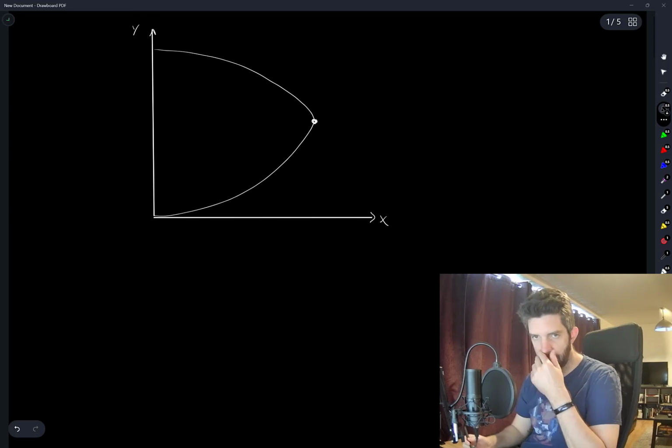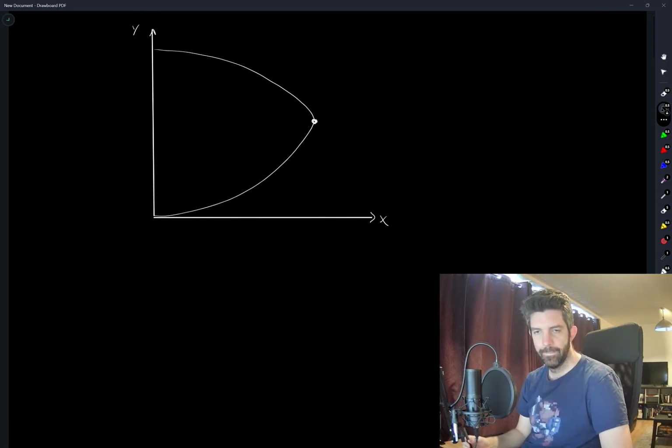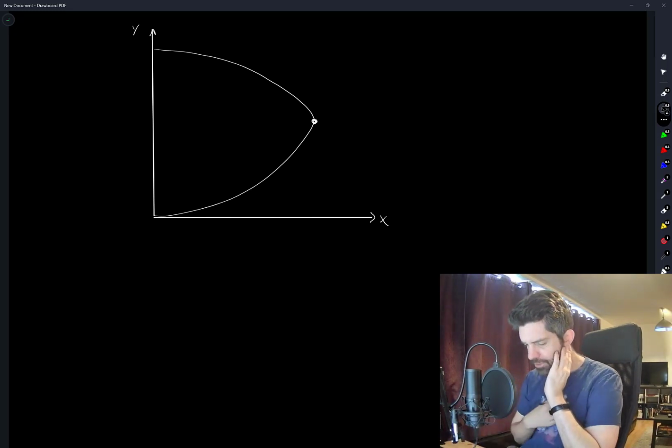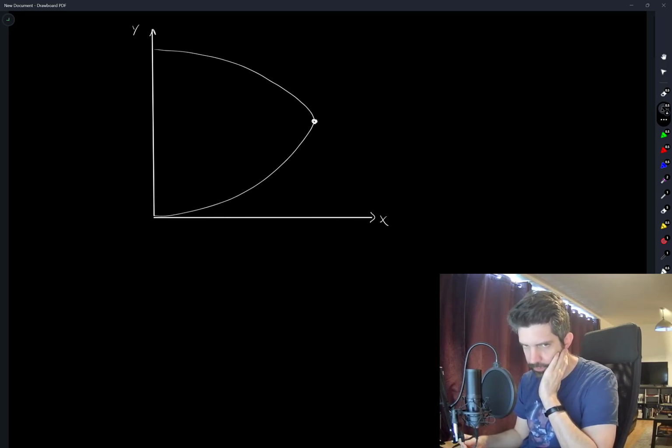Okay. I think it'd be pretty difficult to figure out geometrically how to do this. So maybe I'm just going to try and write this as an integral and just evaluate it.